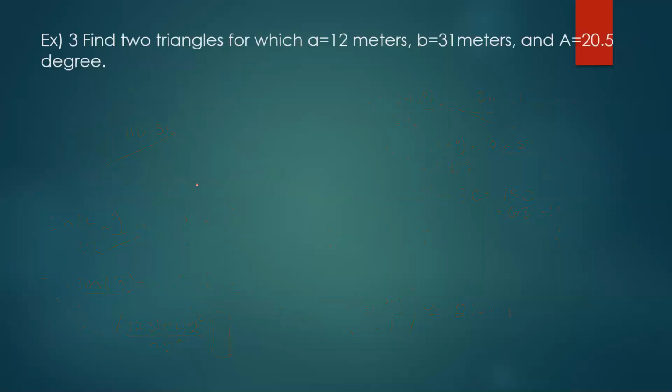Okay, so let's do the next one. It says find two triangles for which a equals 12 meters, b equals 31 meters, and angle A is 20.5 degrees. So let's draw a triangle. 20.5, I don't think that's the biggest, so we can make the triangle like this.